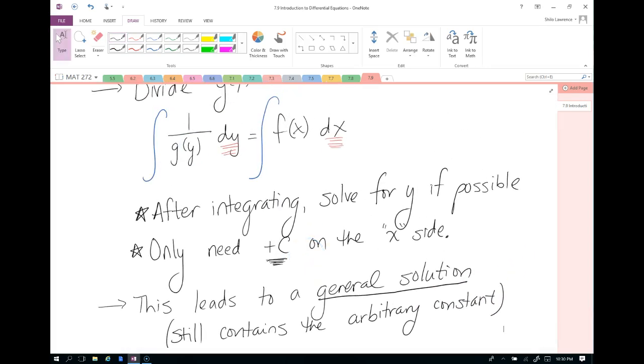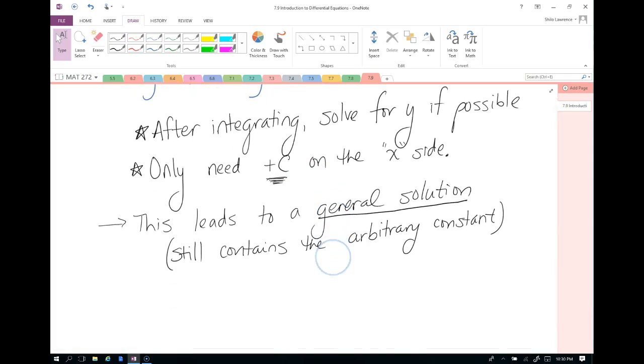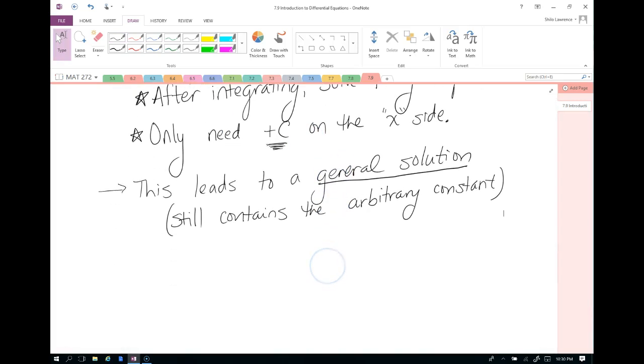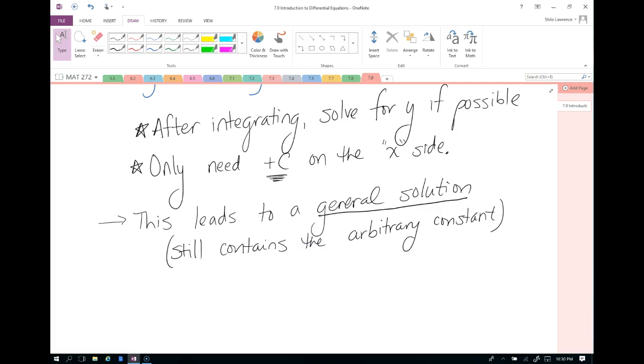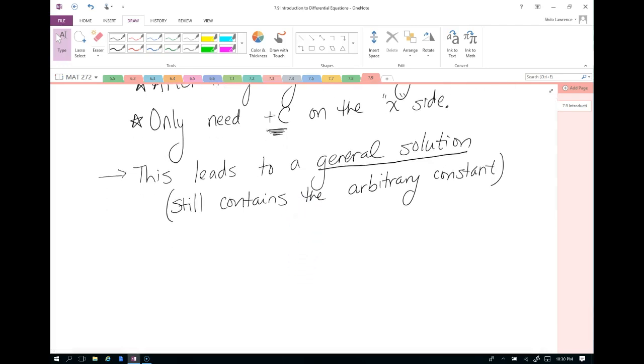If we're given some extra information about our function, and sometimes we do know some extra information about our function, typically we'll know like a starting value. And in a lot of application problems, and almost everything we do in differential equations has an application that goes with it, we will know the starting parameters for whatever problem we're working on. So we'll know like y of 0 equals 12.